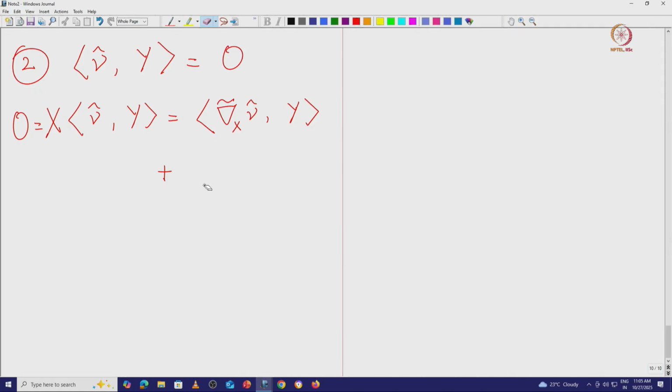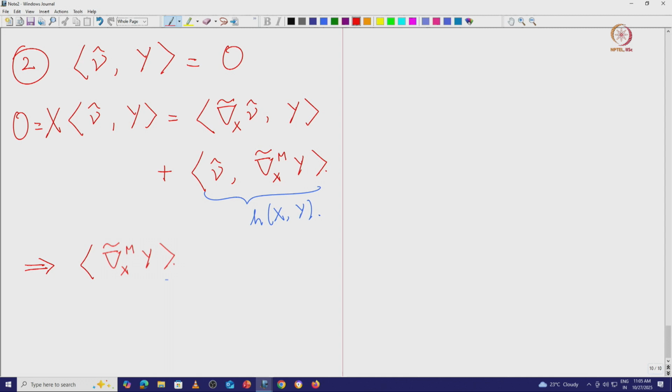Plus, so by the product rule for metric connections, this is just this. Okay, but the second term by definition is precisely the second fundamental form.